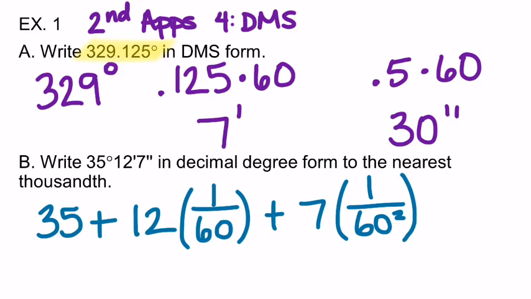Okay, so when I type that in the calculator, I'm going to have to round, but I believe this is 35.202 degrees. Okay, so that's how you convert between degrees as a decimal and degrees, minutes, and seconds.